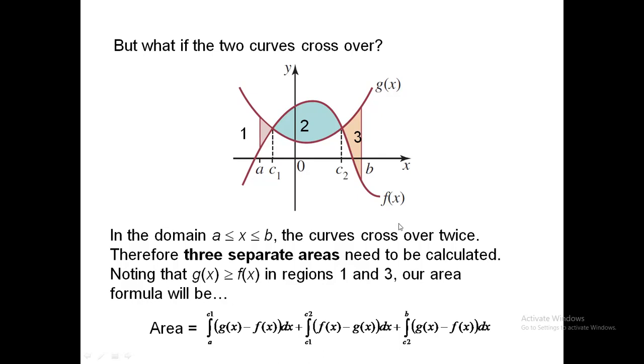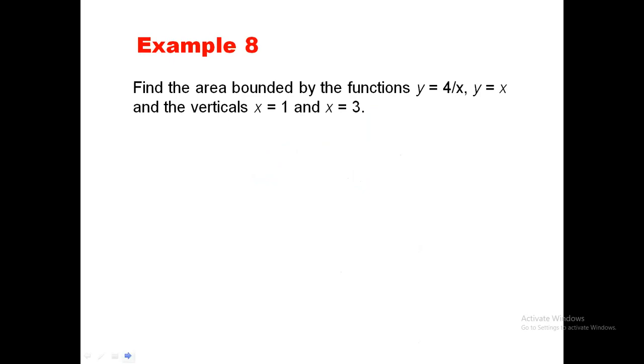And in the third region, you will have c sub 2 to b, and the manner of subtraction is g of x minus f of x. That's it. You just place in there the expressions for g of x and f of x and integrate. So I think this would be our last for the afternoon.